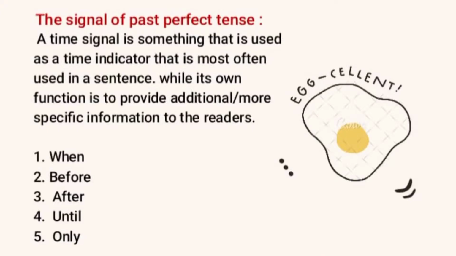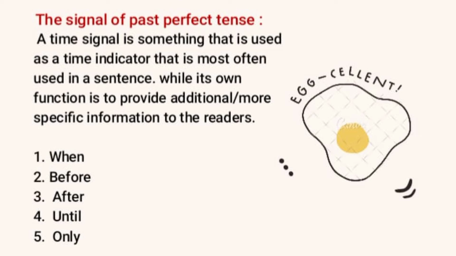The next material is explained by Miss. It is about the signals of past perfect tense. A time signal is something used as a time indicator that is most often used in a sentence, while its function is to provide additional or more specific information to the readers.